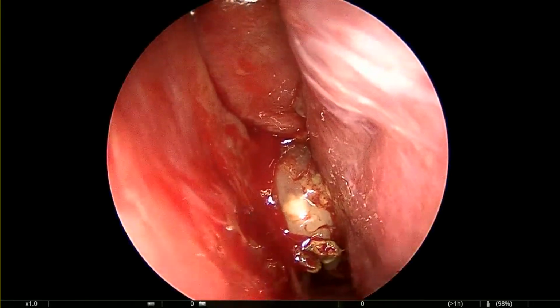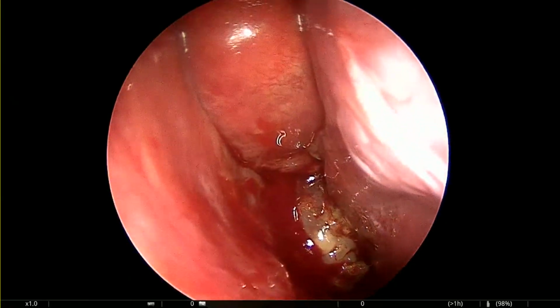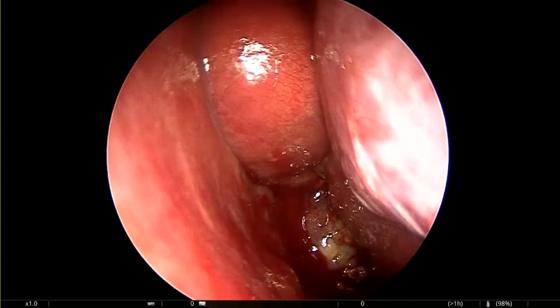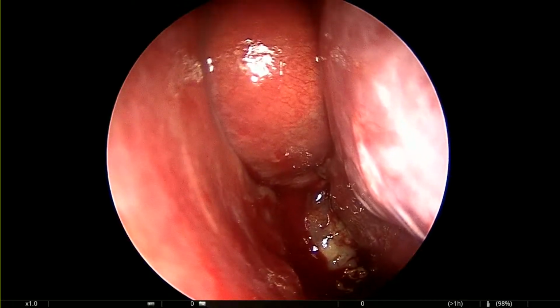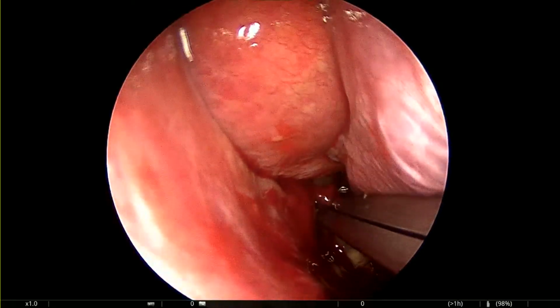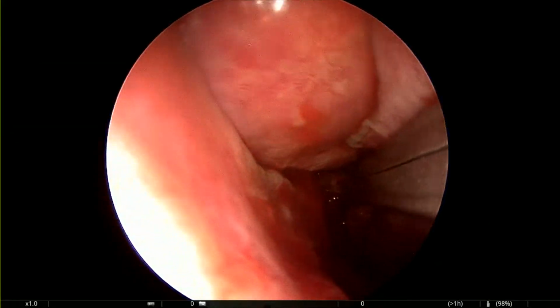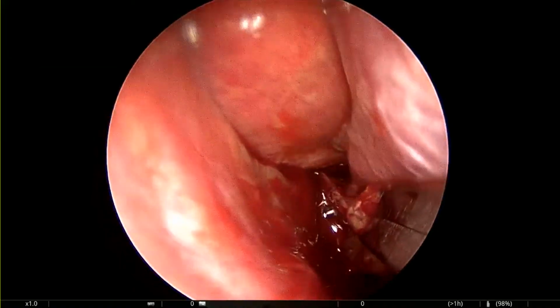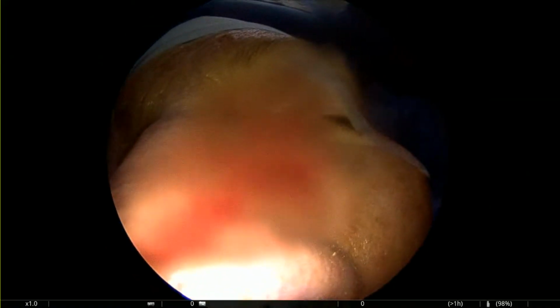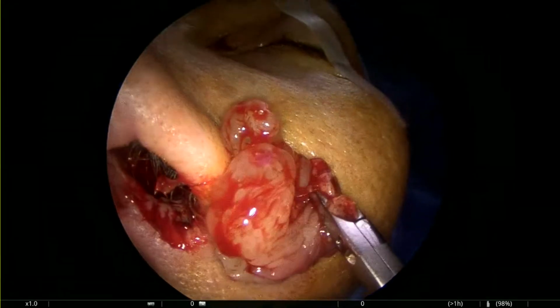There is a fungus ball. So it's maybe a sentinel polyp of a chronic fungus ball.